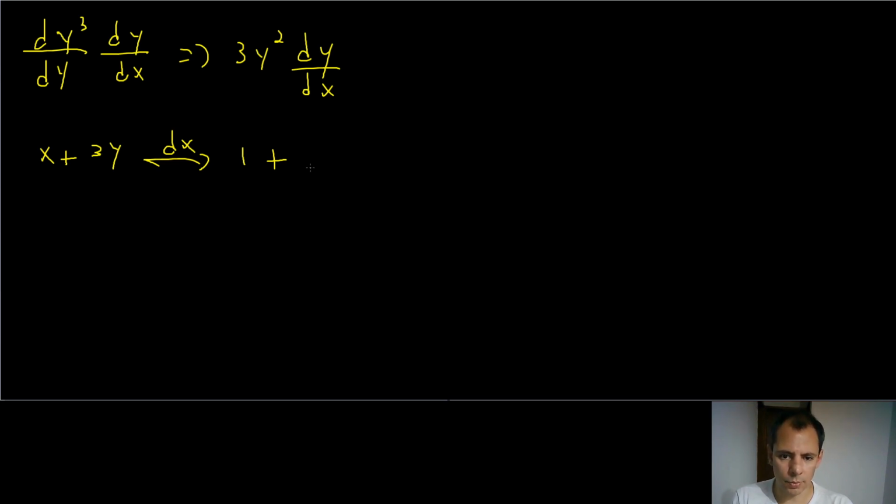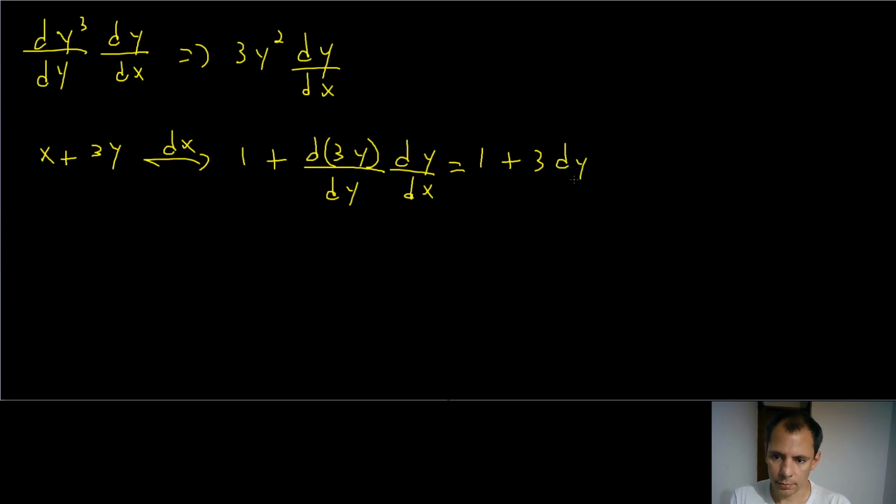You do the derivative of 3y with respect to y multiplied by y with respect to x. So this equals 1 plus 3 times dy/dx, and you're done.